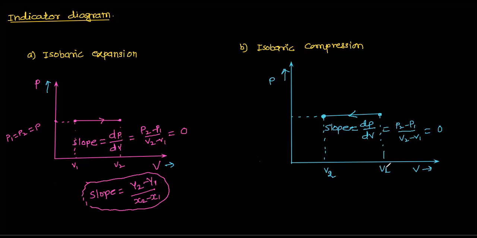Even Vi and Vf also you can write there. So I am writing here V2, there it is V1, because it is the initial state now. So it is more volume, and then here it is decreasing, because it is compression. Clear?